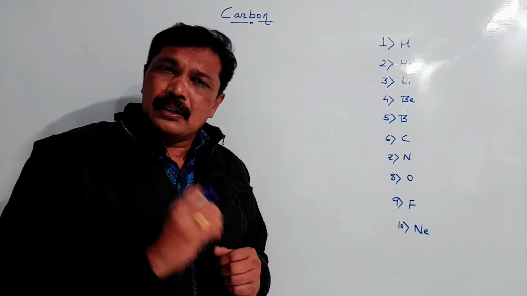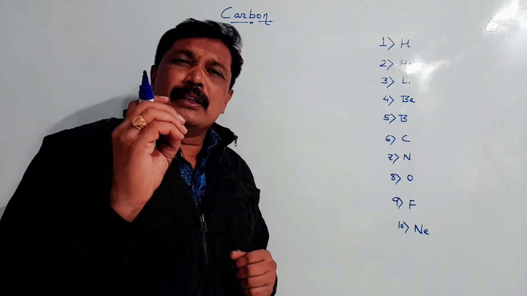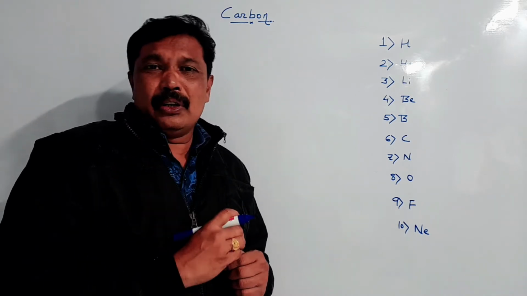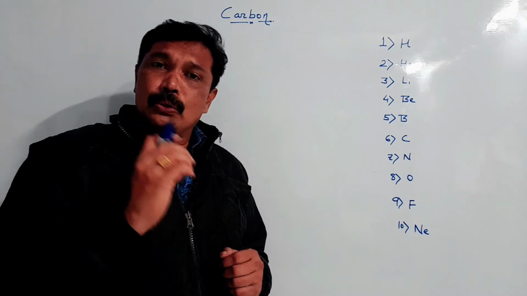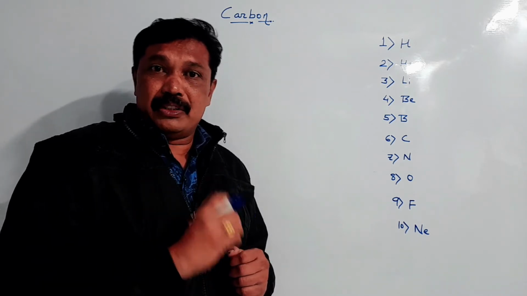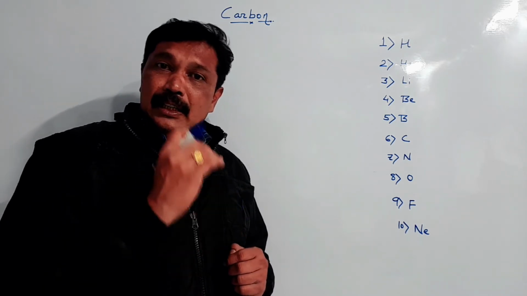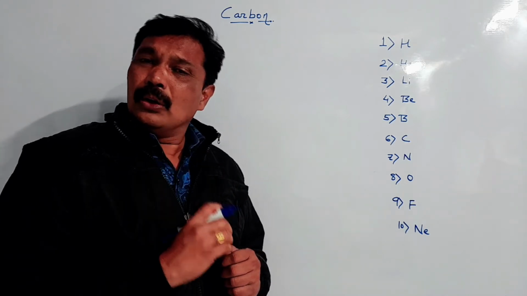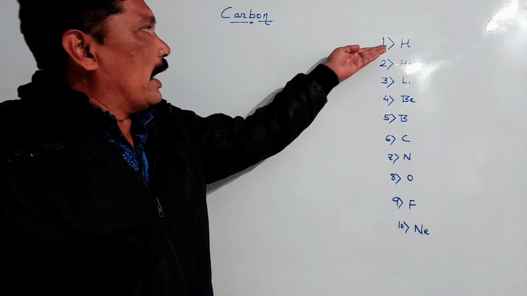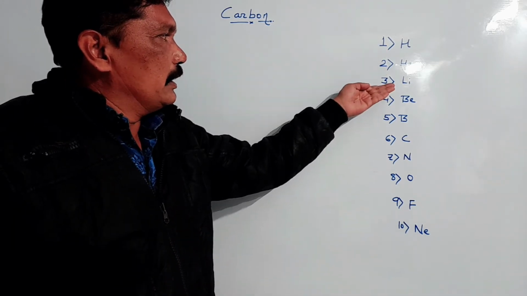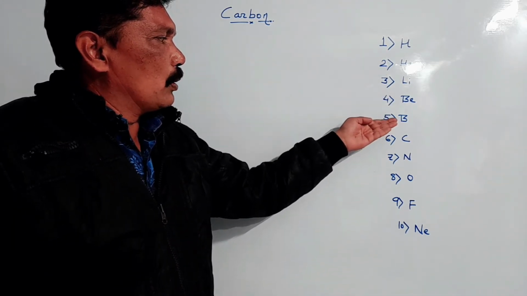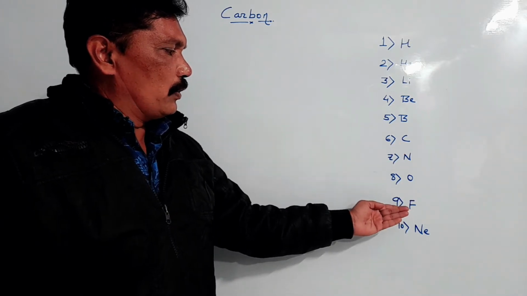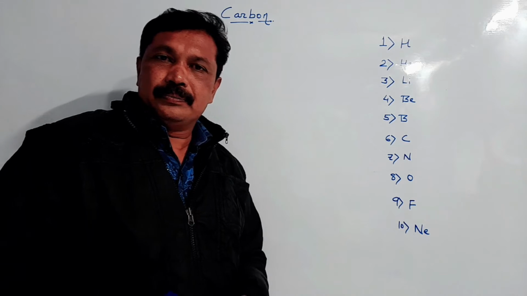My dear student, the sequence of the elements is very important, and therefore it is very necessary for us to know all the elements given in 7th standard in a sequence. How does the sequence go? Let's see. Hydrogen, helium, lithium, beryllium, boron, carbon, nitrogen, oxygen, fluorine, neon.